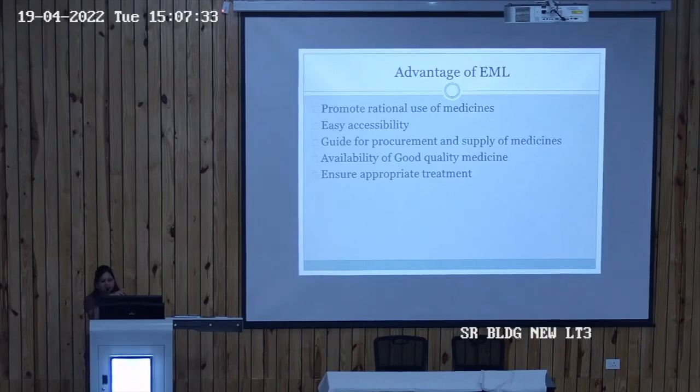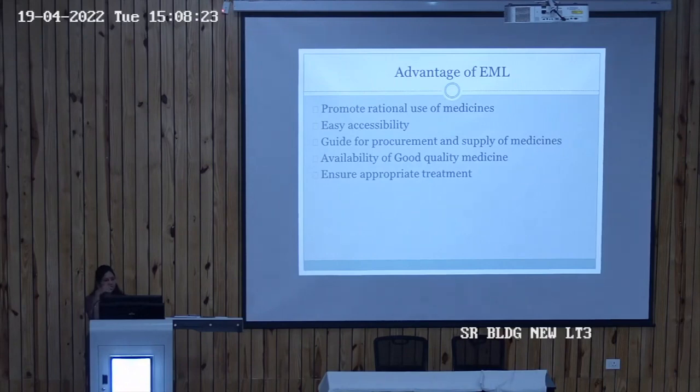So these are the advantages of essential medicine list. The other side, just enumerate all the advantages one by one. So what are the advantages of essential medicine list? So you have the criteria. So can you read it now?